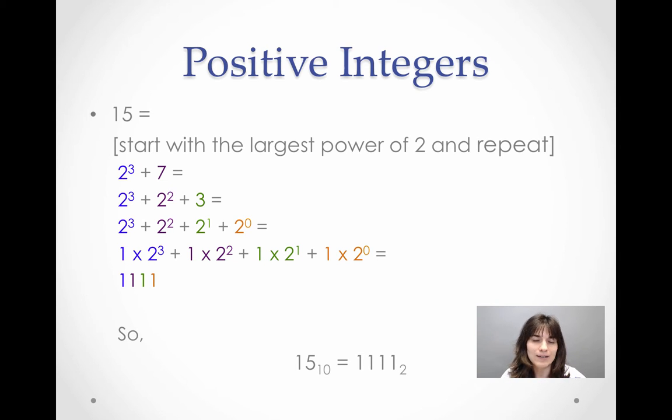The purple one, which multiplies 2 to the power of 2, is placed at the position with index 2. And finally, the blue one is placed at position with index 3. Again, starting from the right, going to the left, we number the indices starting with 0, 1, 2, 3. So now we have come up with the binary representation of the number 15.